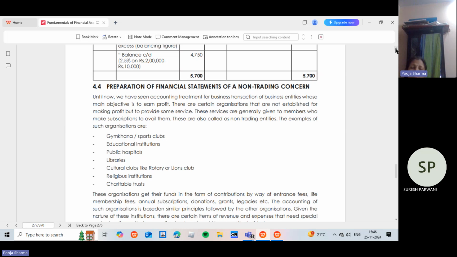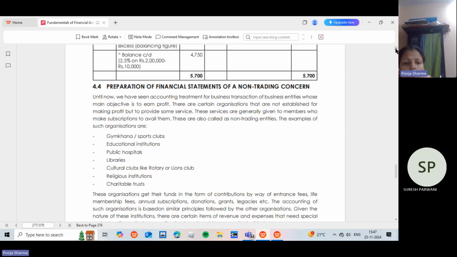So they do work for social welfare or for the welfare of their members. These organizations get their fund in the form of contributions by way of entrance fees, life membership fees, subscriptions. It may be paid periodically, annually, half yearly, as grants, legacies. We will read about all of their sources of income.